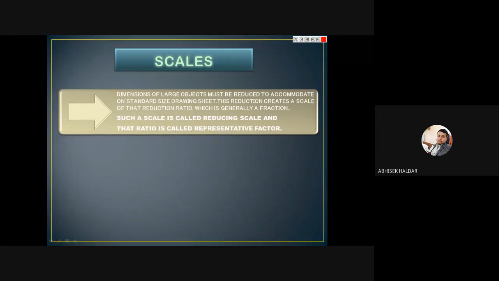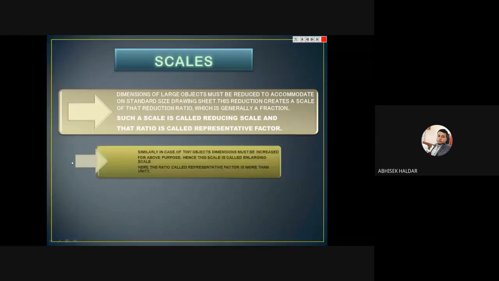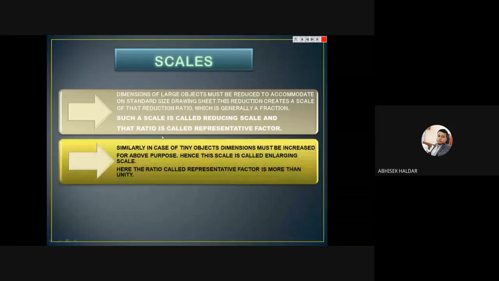I'm coming to this representative factor, don't worry. What is this representative factor? This will be used to draw the scale. And the importance of the scale is that it may be used for any design, either when I'm enlarging any dimension for my design purpose, or when I'm reducing. If I'm enlarging the dimension of any object, that type of scale is known as an enlarging scale.